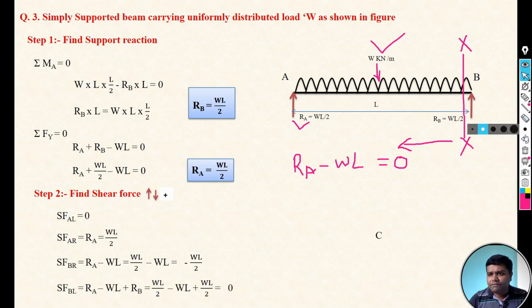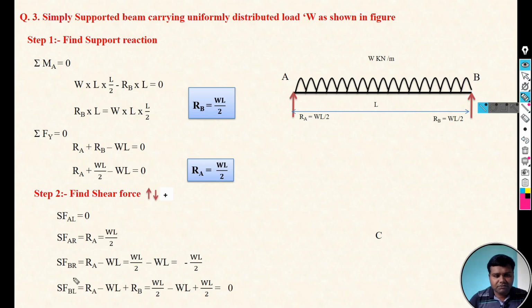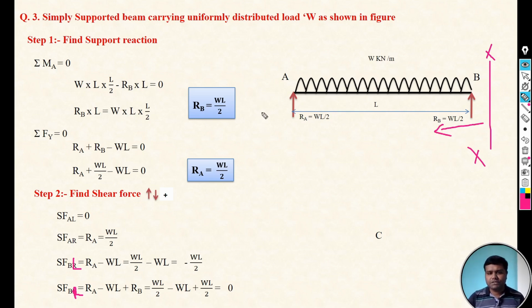Now B left means B right. The sign convention is wrong; here it should be B right. So on B right, if we take the section on B right, then on the left there are three forces: RA, RB reactions and one UDL.